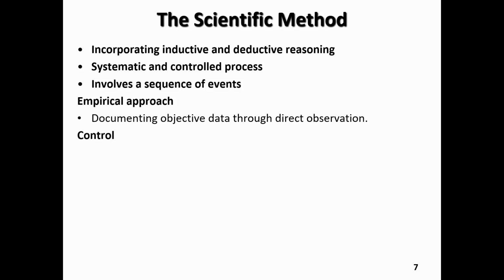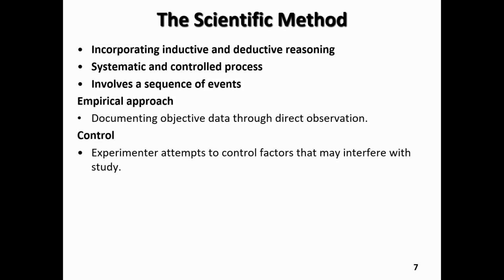An important element of the scientific method is this concept called control, and control is incorporated in experimental types of studies as a way to not allow certain variables or factors to interfere with the study.